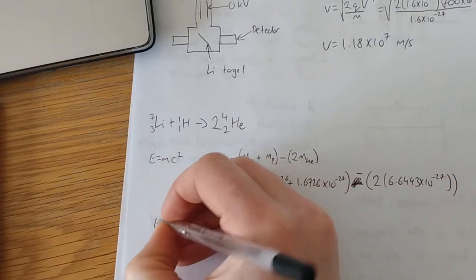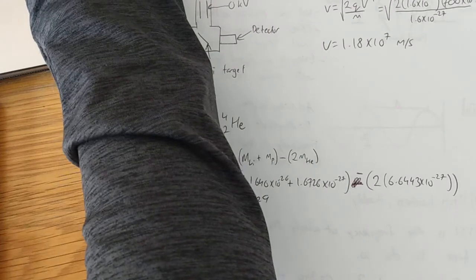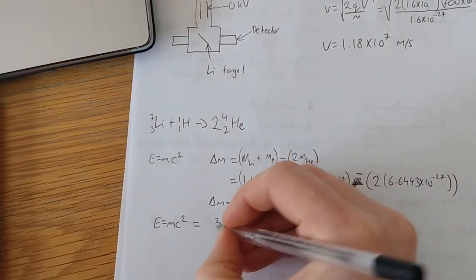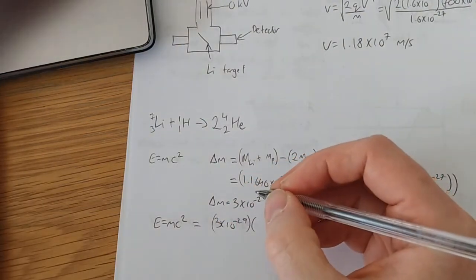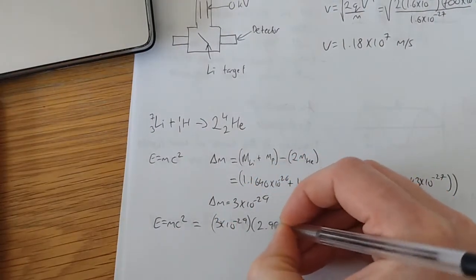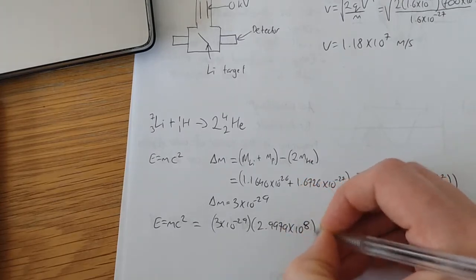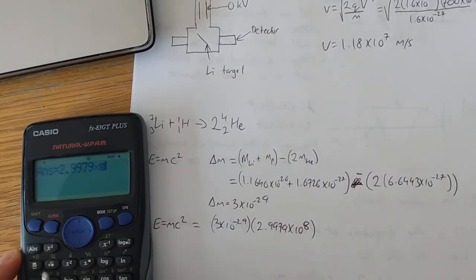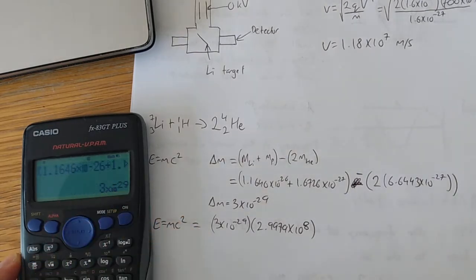And then from E equals mc squared, what was the question? Calculate the energy released. Yeah, so we're just going straight E equals mc squared. So now it is 3 by 10 to the negative 29, and we want to use the speed of light that they give us, 2.9979 by 10 to the 8, squared.